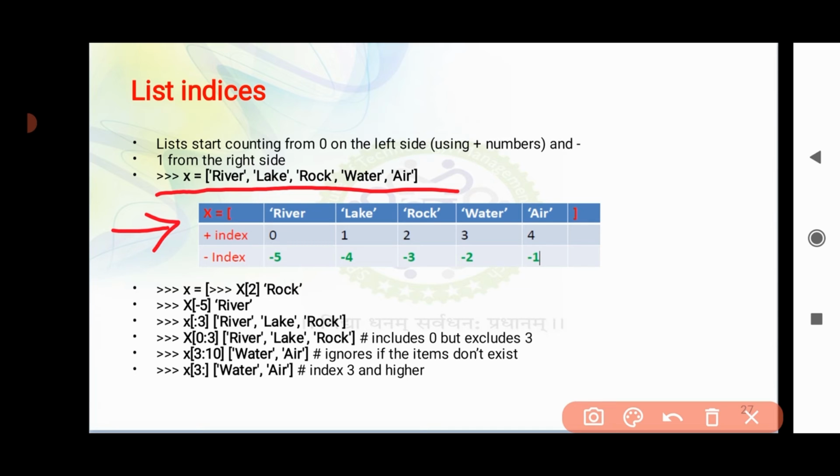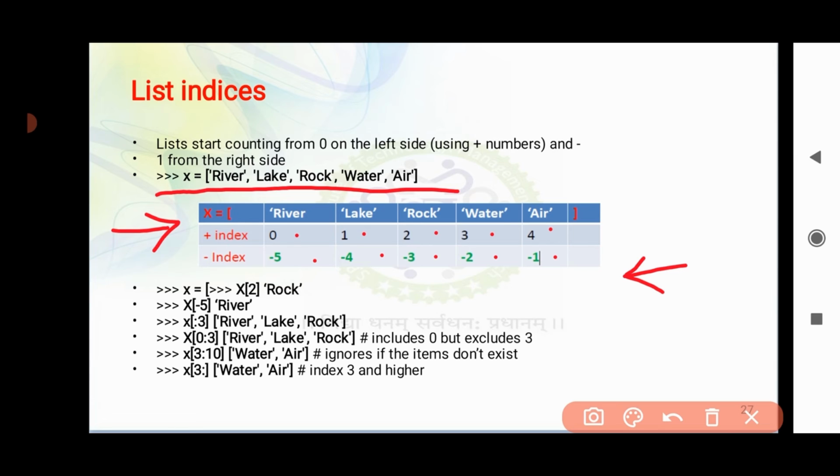So the index is river 0, lake 1, rock 2, water 3 and air 4. Alright. But when you talk about negative index values, the indexing is done from the last, that is, right to left. So this is -1, then -2, rock -3, lake -4 and river -5.